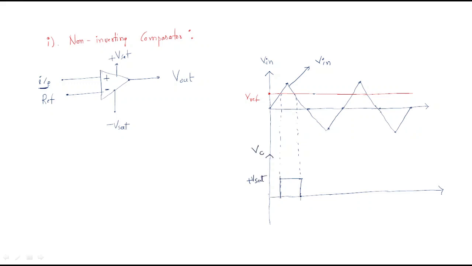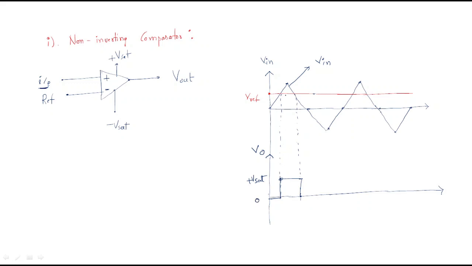So this is the output, and in the remaining regions, where V reference is greater, the output is 0.